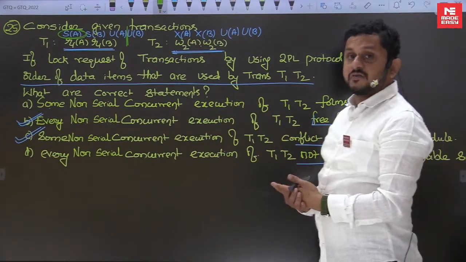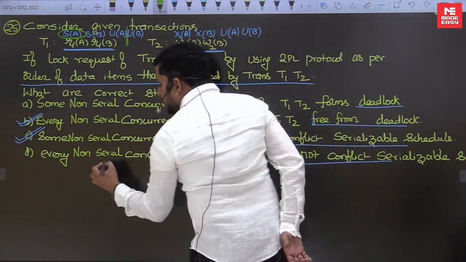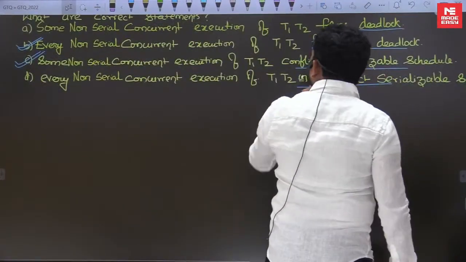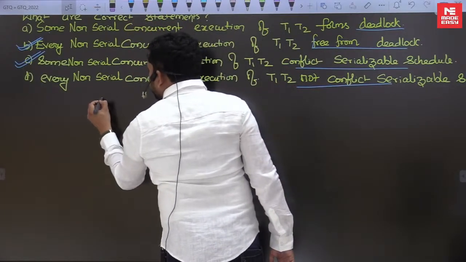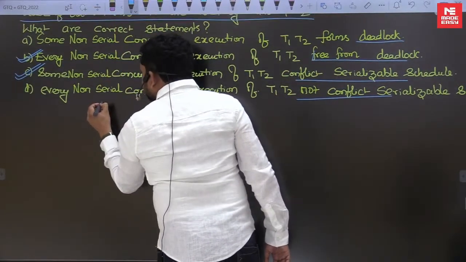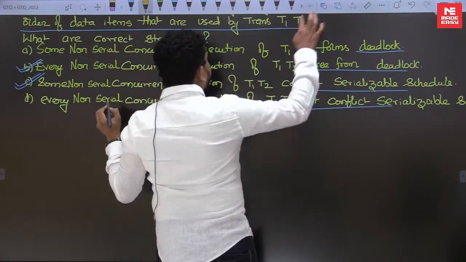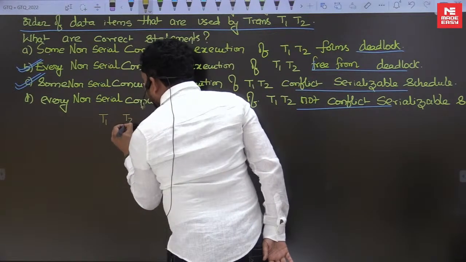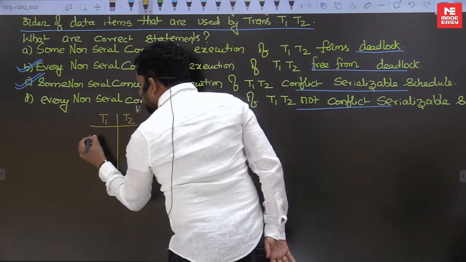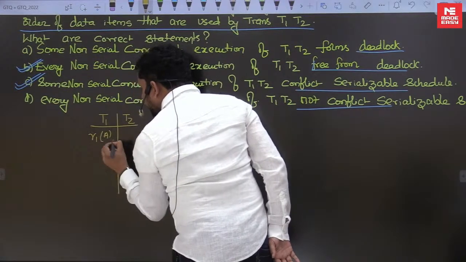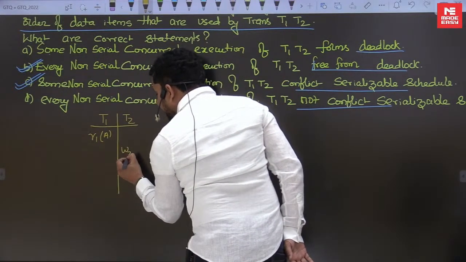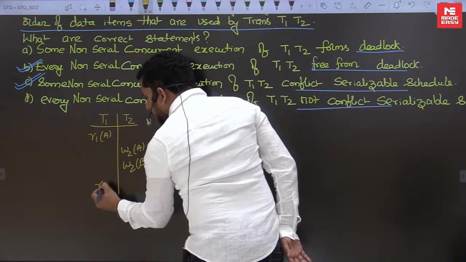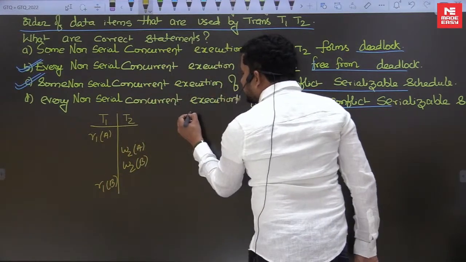Some can satisfy conflict serializability and some can fail it. So there is nothing like every non-serial fails or every non-serial satisfies. For example, if we write two non-serial schedules for T1 and T2, one is allowed for conflict serializability and one is not. Assume R1A, W2A, W2B and R1B, and this is one.